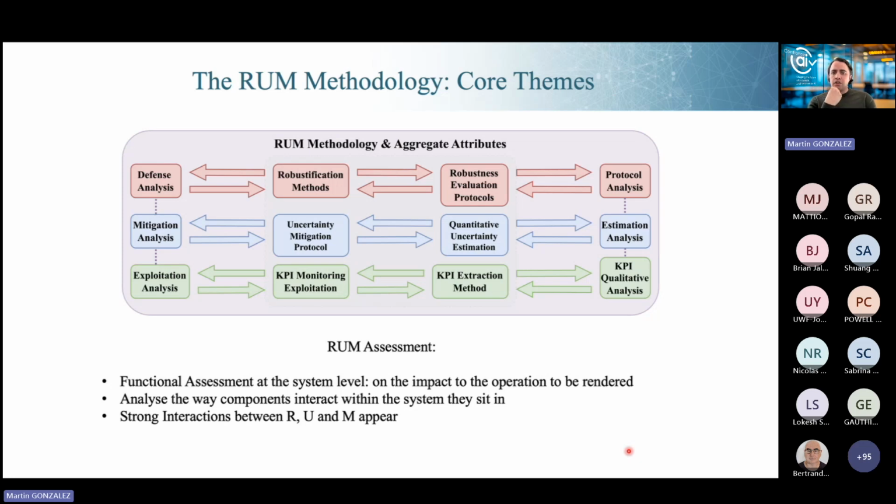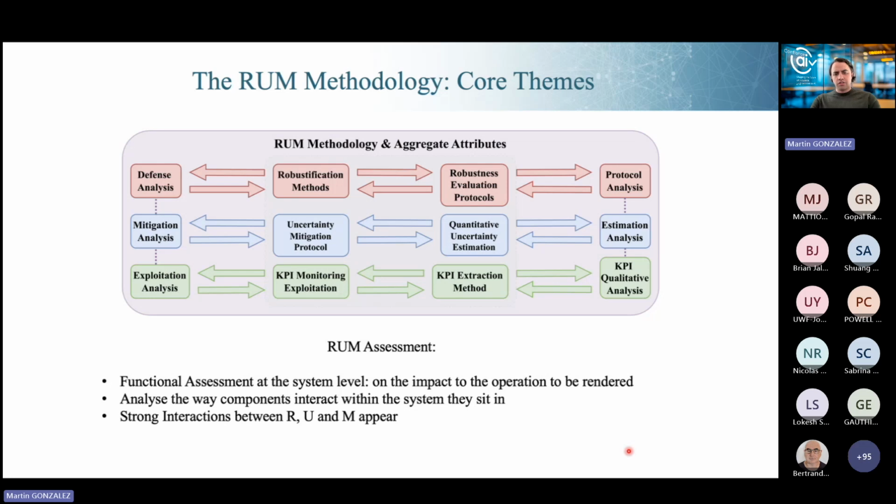We need to analyze our protocols, our estimation techniques. We need to also analyze the defenses in their actual capacity of defenses. But overall, what this means is to give a functional assessment at the system level on the impact of the operation to be rendered, the AI function, to analyze the way components interact within the system in which they sit. And in here, it's where we actually see the strong interactions between R, U and M appear.